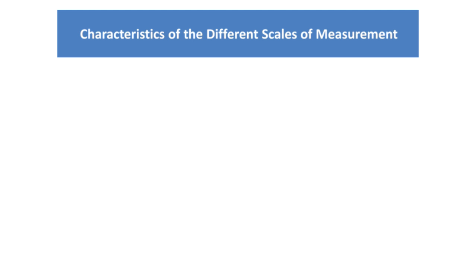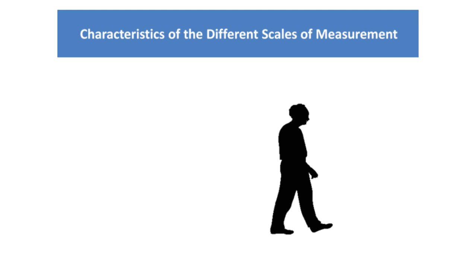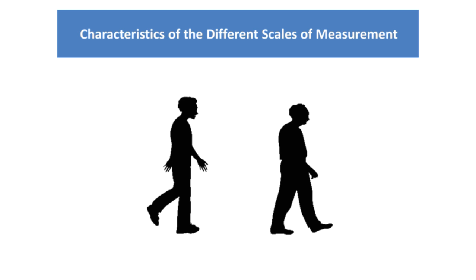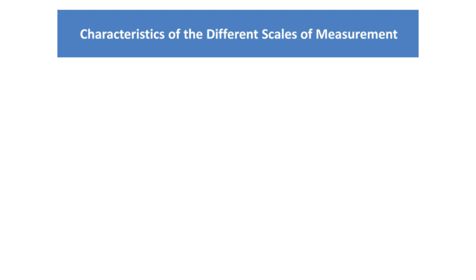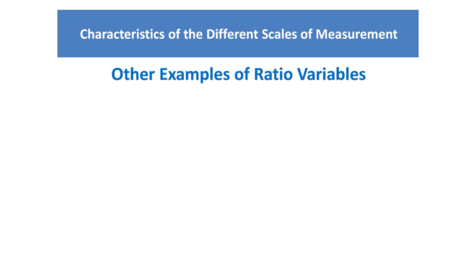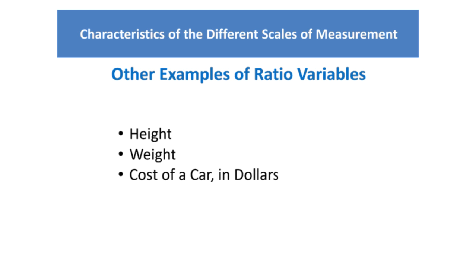For instance, we know that someone who is 40 years old is twice as old as someone who is 20 years old. There is a meaningful zero point. That is, it is possible to have the absence of age. Some other examples of ratio variables include height, weight, and cost of a car in dollars. For each of these ratio variables, the distance between pairs of consecutive numbers is assumed to be equal, and there is a meaningful zero point.